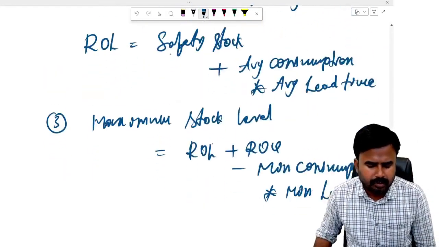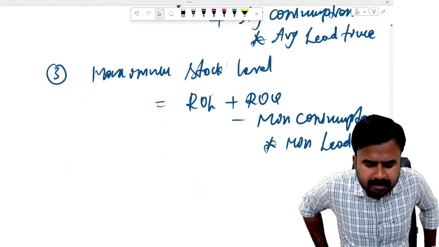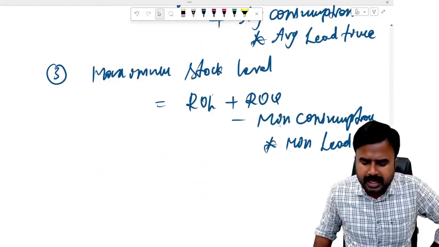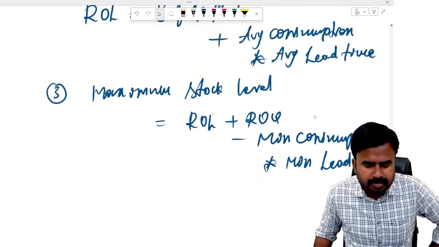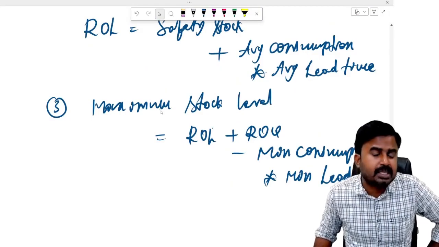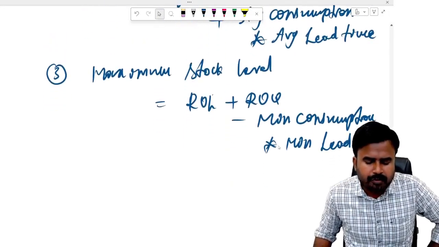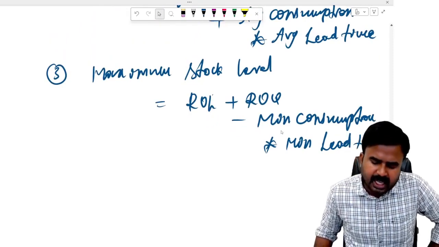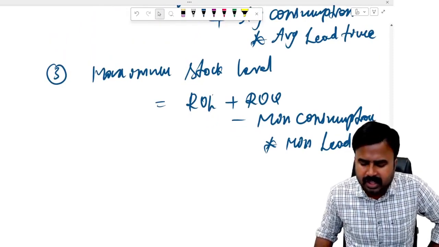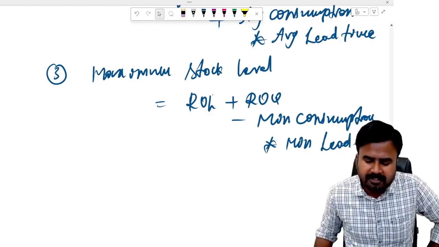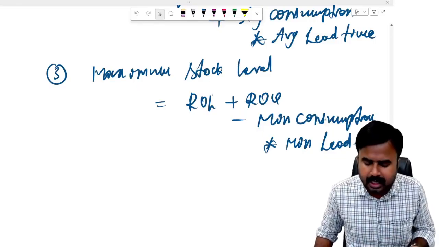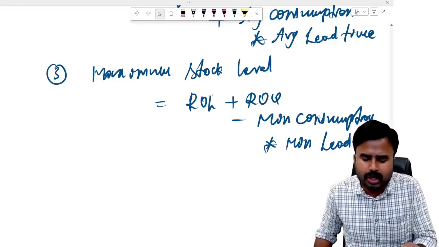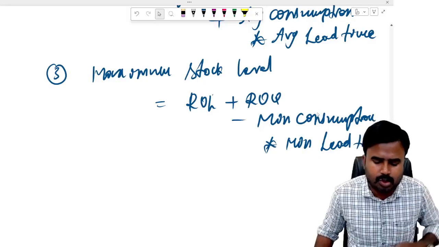See, if your consumption is minimum and the lead time is minimum, then finally you can reach the maximum stock level. From reorder level, if the consumption is least and the lead time is least, then after ordering the fresh quantity, after this lead time, I'm going to get this reorder quantity so that I can reach my maximum stock level.